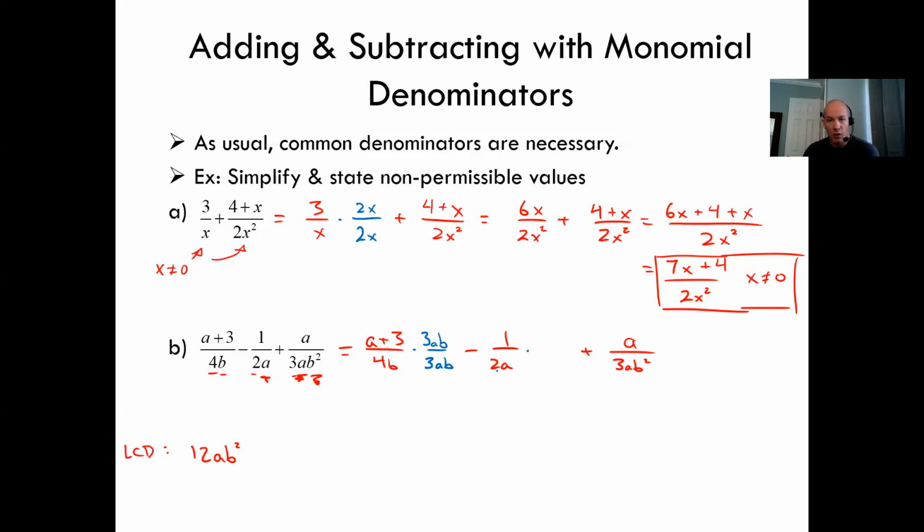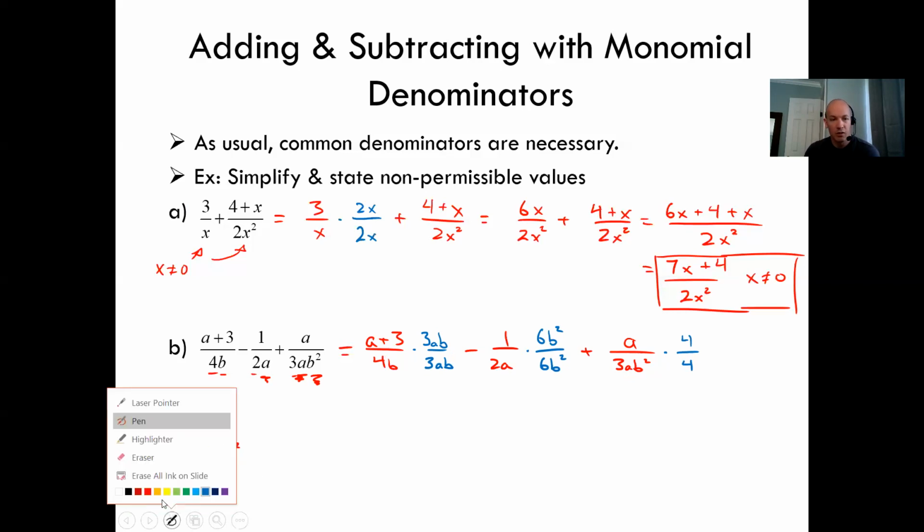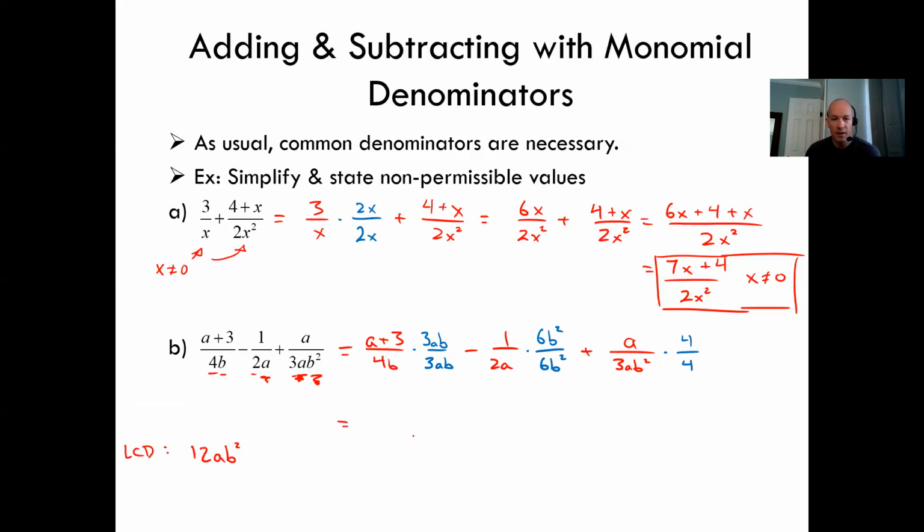This next one, how do I go from 2a to 12b squared? That's where I multiply by 6b squared. And then this last one, I just have to multiply top and bottom by 4 because the a and b squared are already there. So when I do this, each one of these fractions is over 12ab squared. So it will be minus 12ab squared, and this one will be plus 12ab squared.